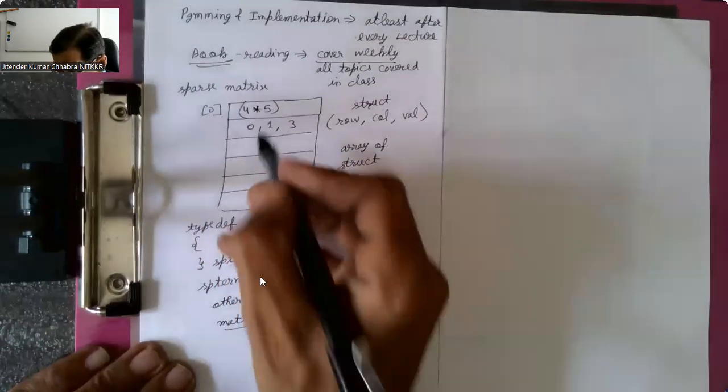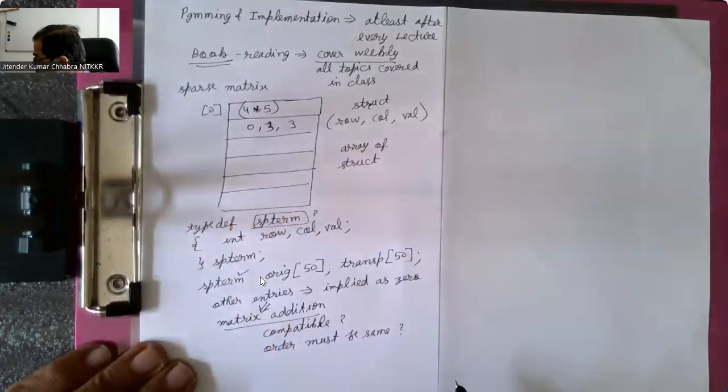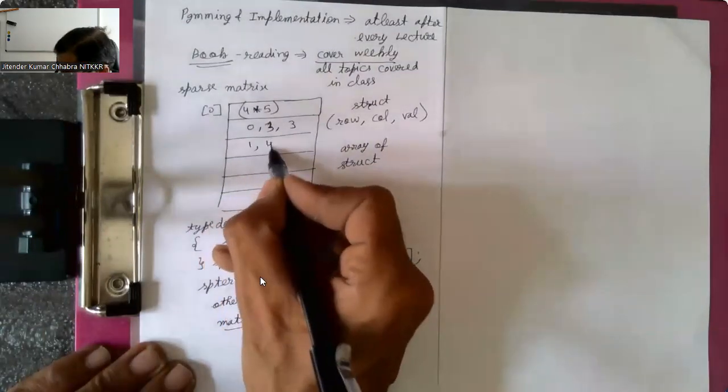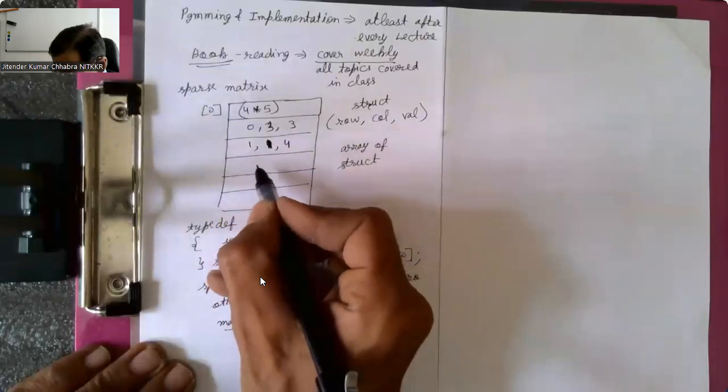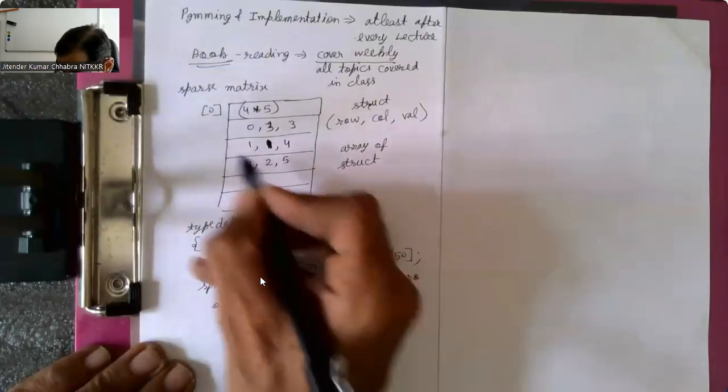So this was, sorry, 0, 3, and value was 3. Then we had 1, 4, and 1, 1, and 4. Then we had 1, 2, and 5.